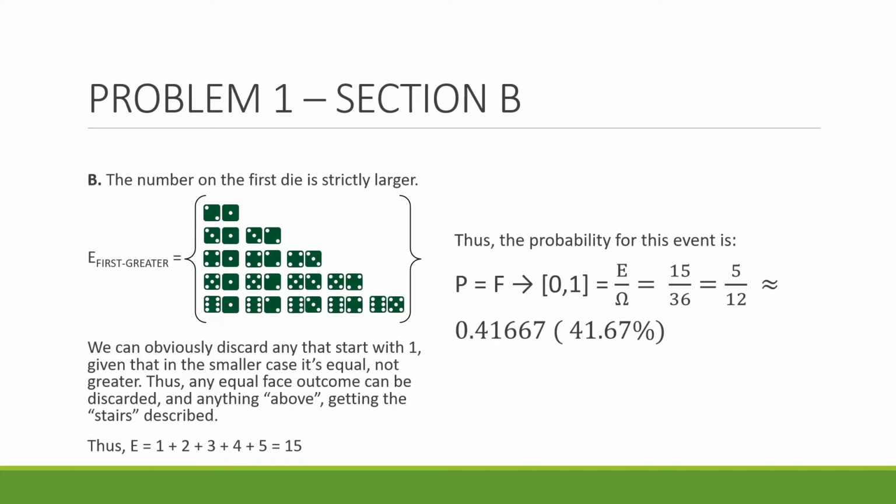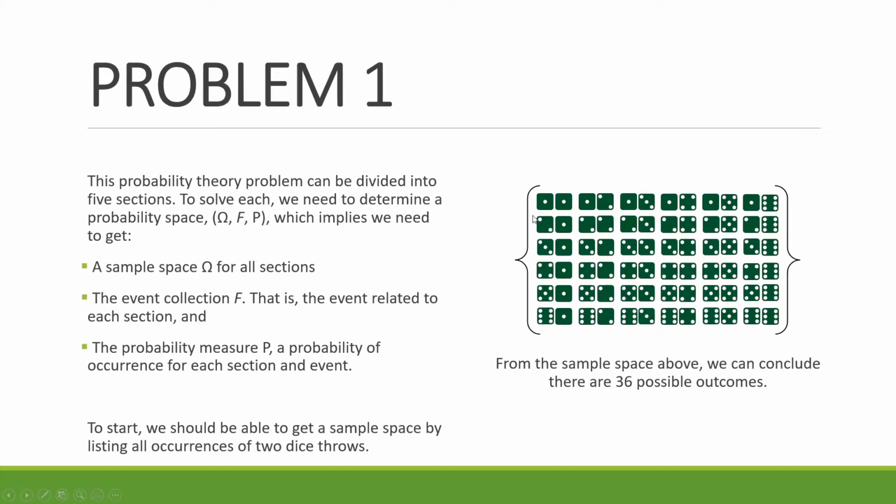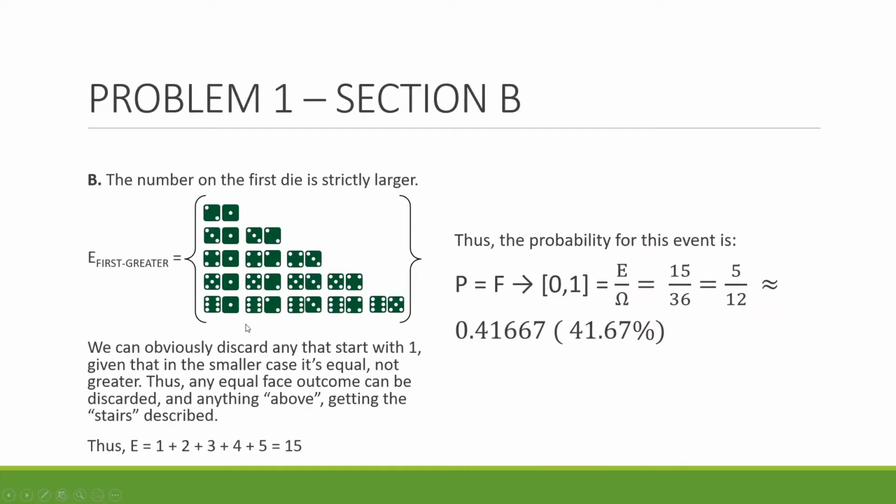And that does not satisfy the condition for the section, which is that the first die has to be strictly larger. So if we come back to our sample space, we're going to notice that the only ones that satisfy this are this staircase of sorts that goes below the numbers that are equal, and that gives us this collection.